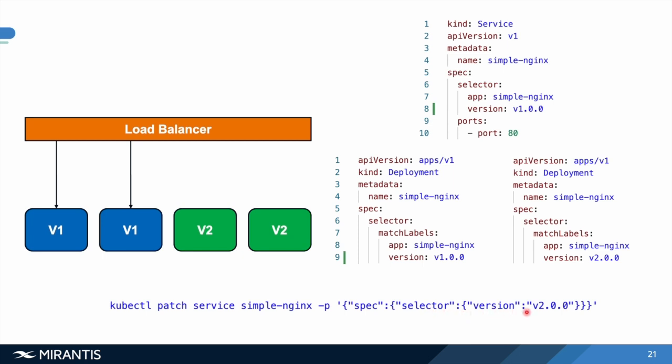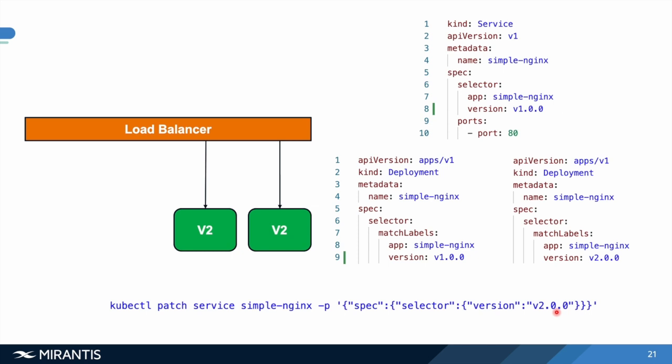I just change my selector to version 2. And what Kubernetes would do is it would now, instead of selecting version 1 of the workload, switch to version 2, and that's going to be your traffic moving forward. And once that's stable, then you could go ahead and take out your version 1, and now you have more compute resources to do as you need, right? That could be your new green environment or whatever.